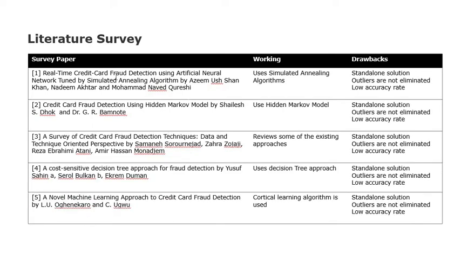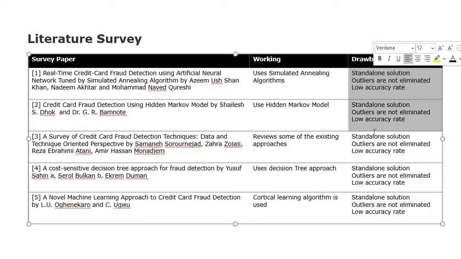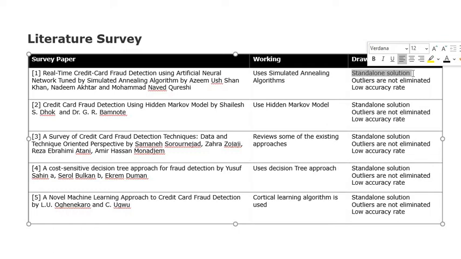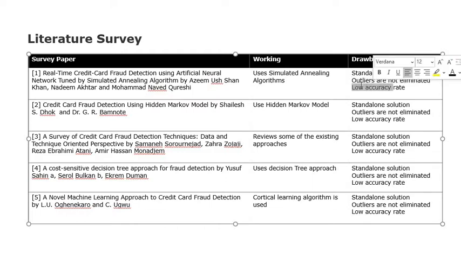So there are 5 existing systems that we are going through. You can see the drawbacks of all the 5 existing systems. All the 5 existing systems are standalone solutions. Nobody proposes a web service based solution, and in all the 5 papers the outliers are still retained, they are not eliminated. That's why they have a low accuracy rate.